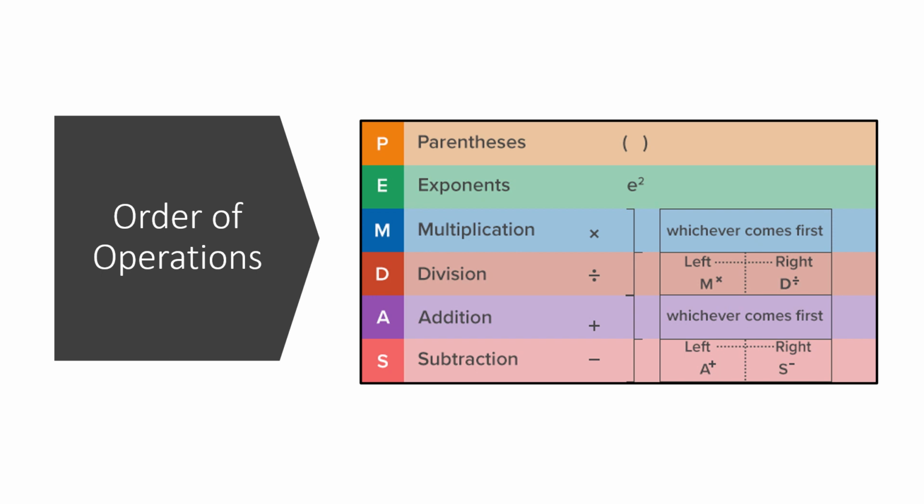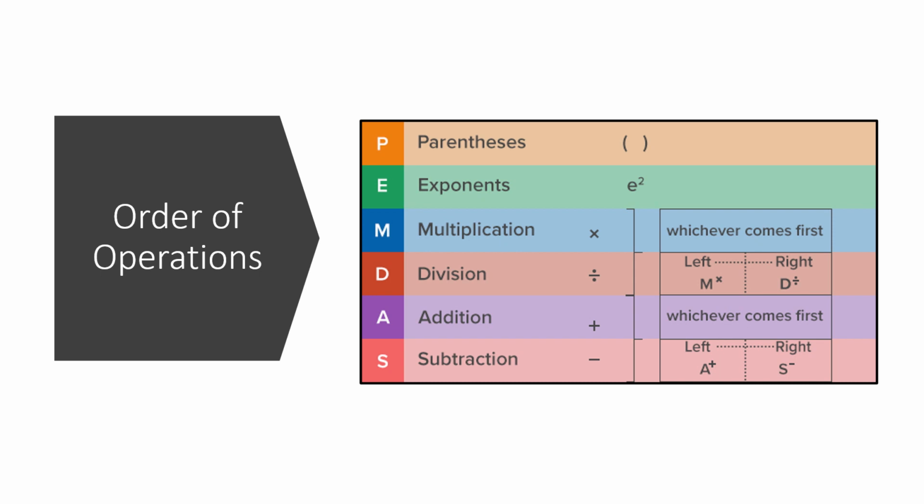So, what is the order of operations? As per the three levels, whatever we have learned so far, we name it as PEMDAS, that is parenthesis, exponents, multiplication, division, addition and subtraction.